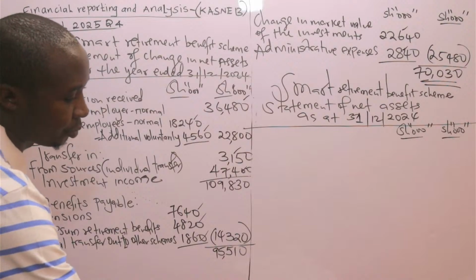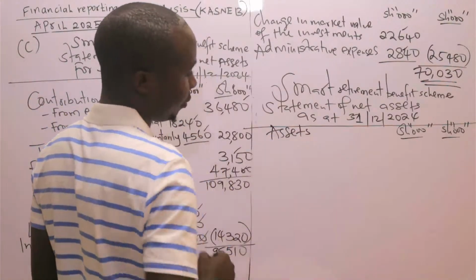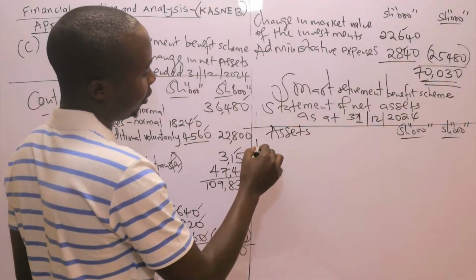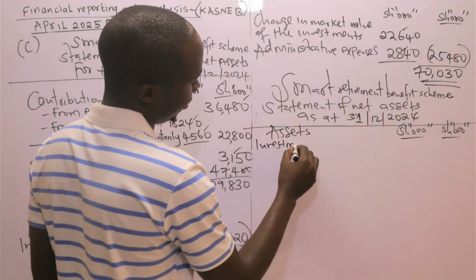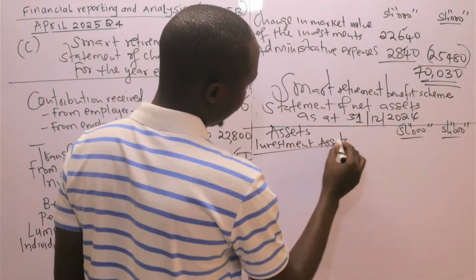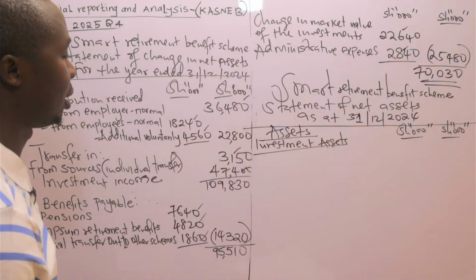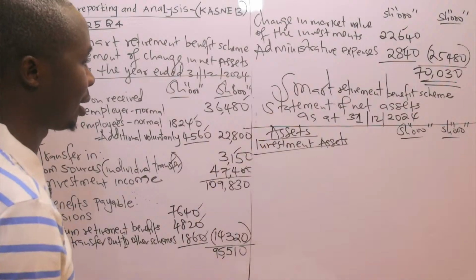So here, we start with assets. We talk about investment assets before we talk about other non-current assets and current assets.